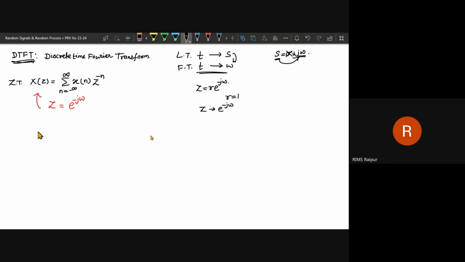Then the expression will be X of e raised to power j omega equals summation n equals minus infinity to infinity x of n e raised to power minus j omega n. That's it. And this is the equation to calculate the DTFT, discrete time Fourier transform.